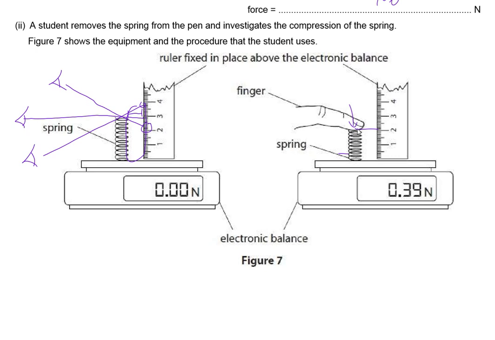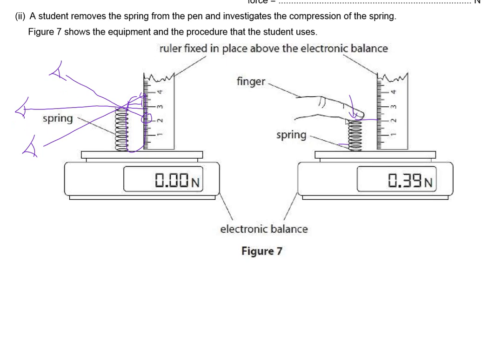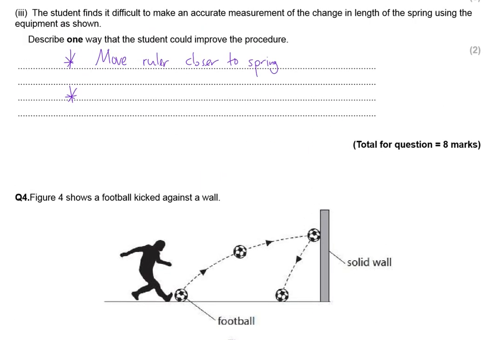Now, when the student is going to press it, this thing can move. For example, if the student is holding it and leaning forward to read it, the student's finger can slightly move and so on and so forth. So we don't want this to happen.